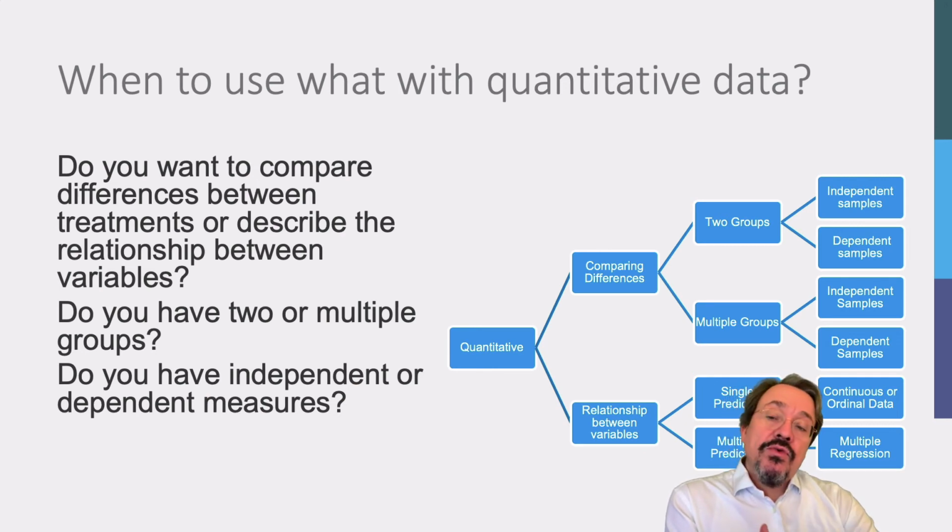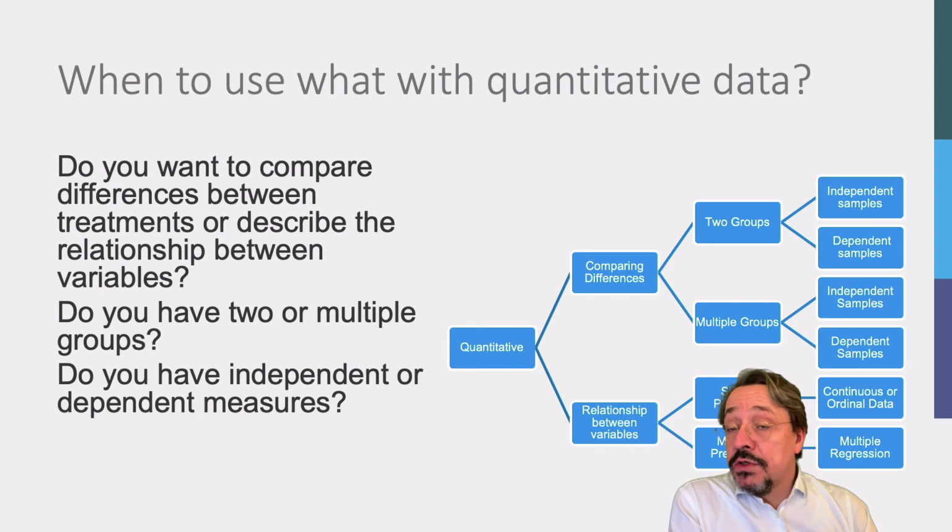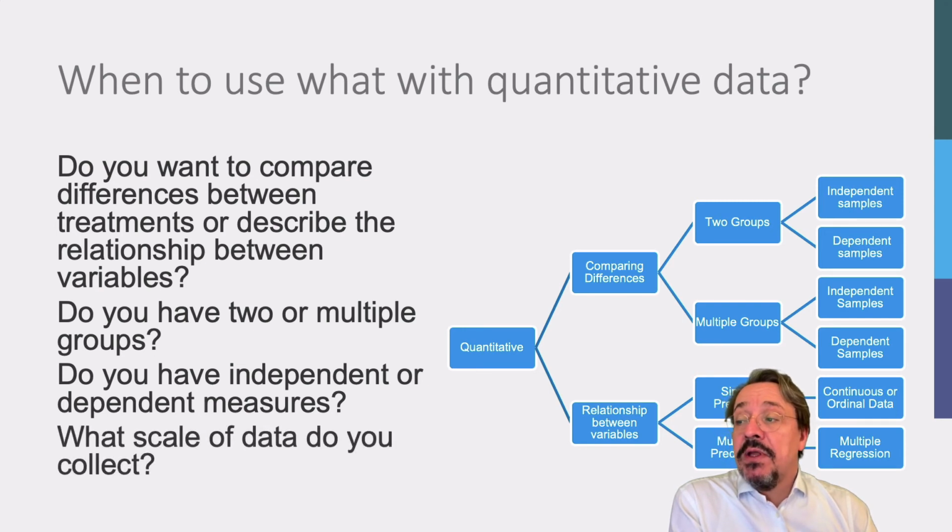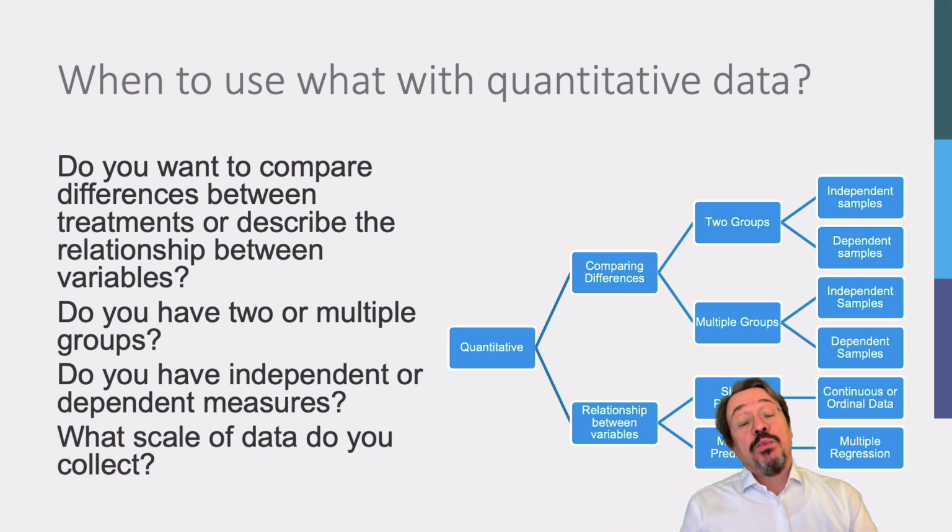And this leads to a variety of designs that you can do, and of course also the type of data you can collect. So what scale of data do you want to collect? What kind of statistics do you want or need to apply to answer your research questions? Which brings us back to the research question and the conceptual framework.